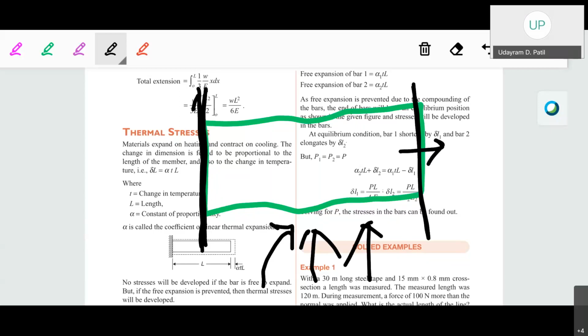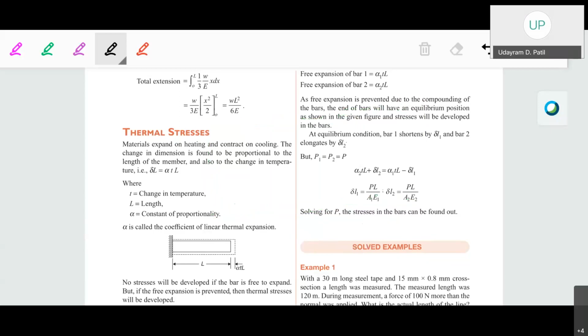If we allow the free movement of that member, in that case the elongation will not be restricted, if the bar is left free to expand. But if the free expansion or the free contraction is prevented, then thermal stresses, that is, the stresses occurring due to the change in temperature, will be there.